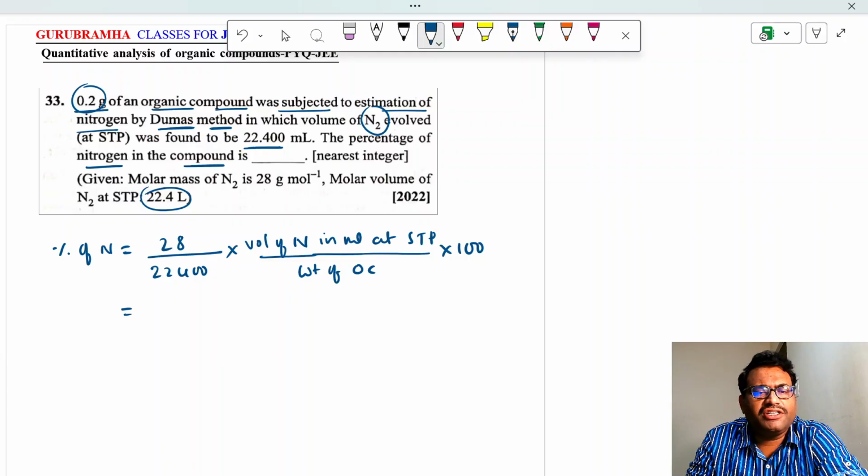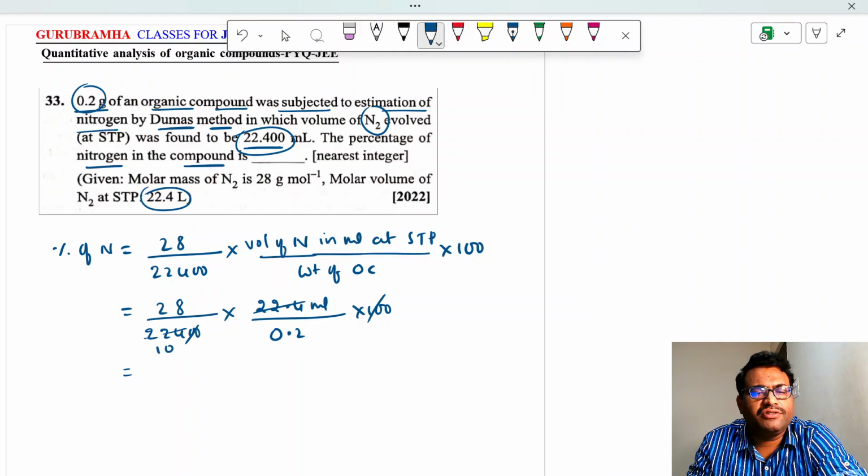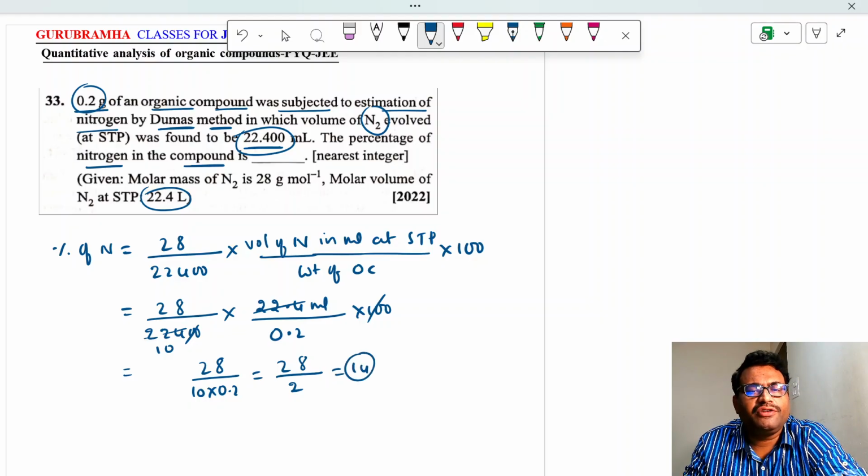So that is equal to 28 by 22,400 into 22.4 ml by 0.2 into 100. 22.4 is 10 times smaller, so 28 by 10 into 0.2 is equal to 28 by 2. So the percentage of nitrogen will be 14%.